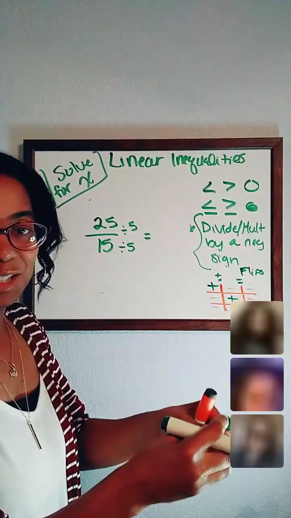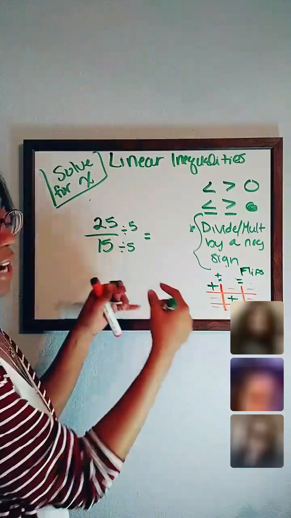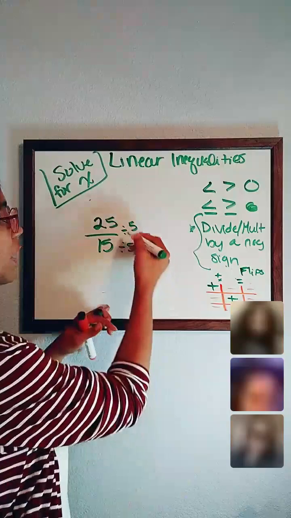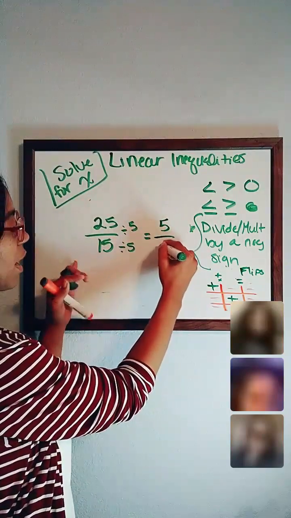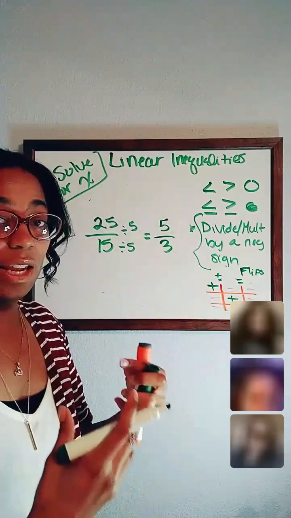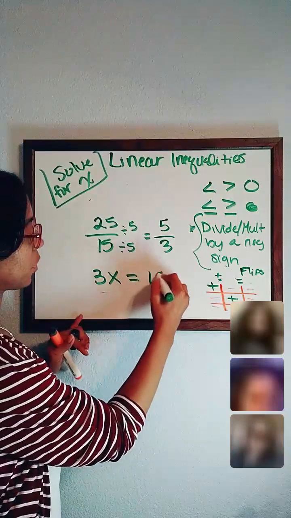I'm simplifying it, so I'm taking out the common factors. So 25 divided by 5 is 5, and 15 divided by 5 is 3. Now, when I'm actually solving a problem, so if I have 3x is equal to 15, I need to separate this x and that 3.